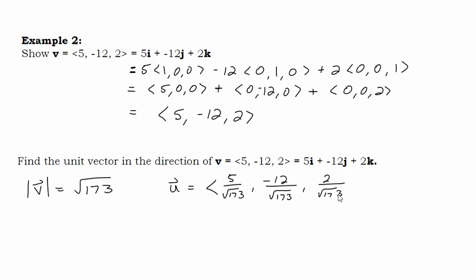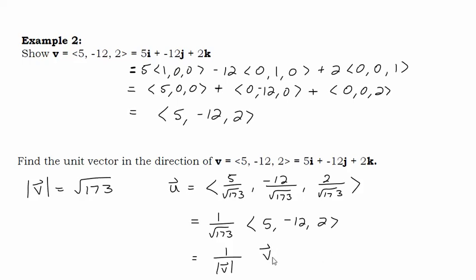Let me write this a different way to really bring that home. Let's say I write this as the scalar 1 over the square root of 173 times the vector 5, negative 12, 2. So what I'm doing here is I'm taking 1 divided by the magnitude of vector v, and I'm multiplying that by vector v.